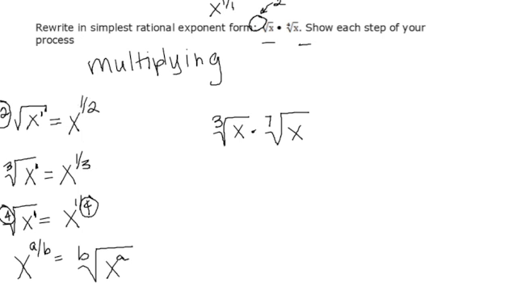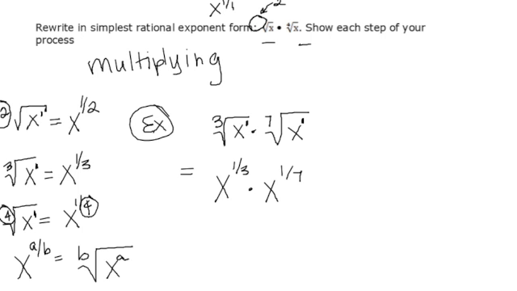Now, in the example that I'm going to do for you right here, our root is 3 and our power is 1. Our root is 7, and our power is 1. So this is actually going to be equal to x to the 1/3 times x to the 1/7.